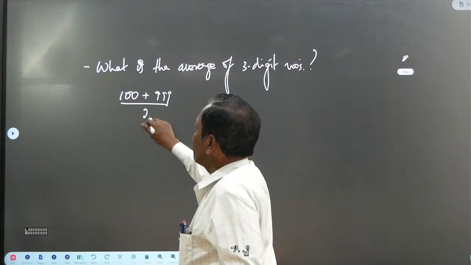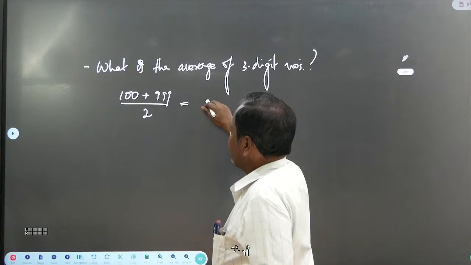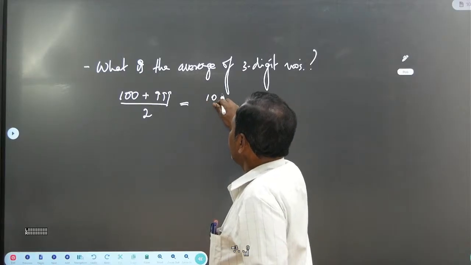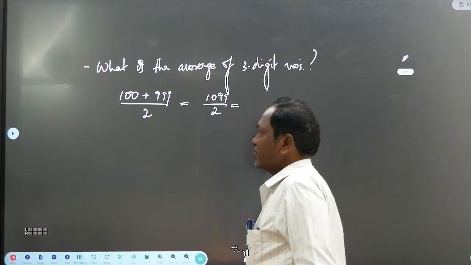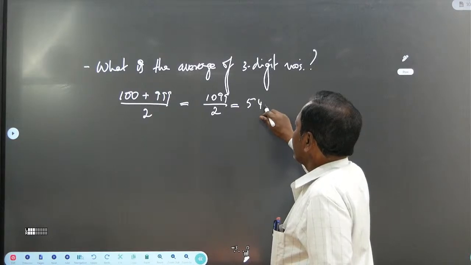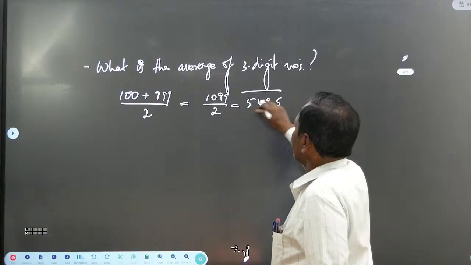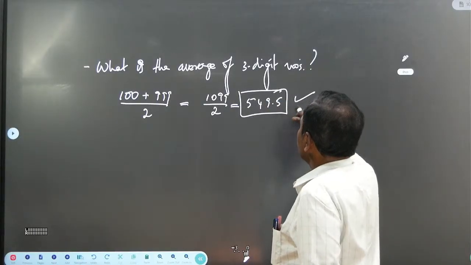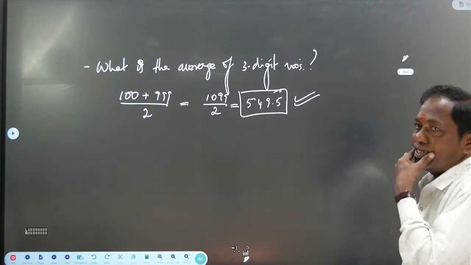By 2. It means 1099 by 2, you get the average. So 18.5 is the average. Okay, that's it.